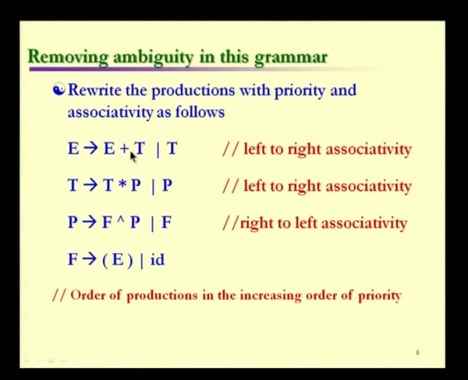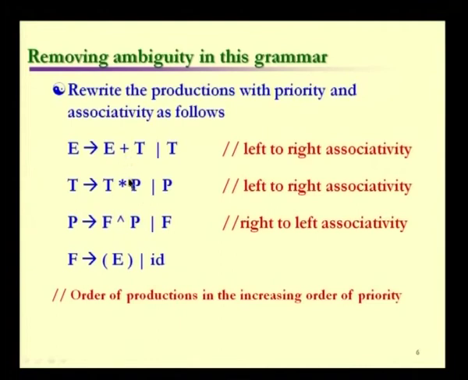And the next one, as far as priorities are concerned: when we have A plus B multiplied by C, we should know that the multiplication must be carried out first, and then we do the sum. To get that kind of situation, we must write the productions in this way, that is E derives E plus T or T, then T can be expanded to T star F, but not plus first.